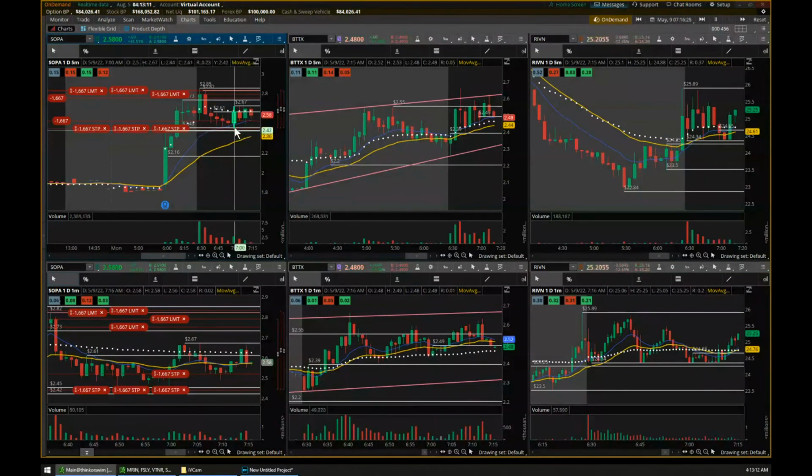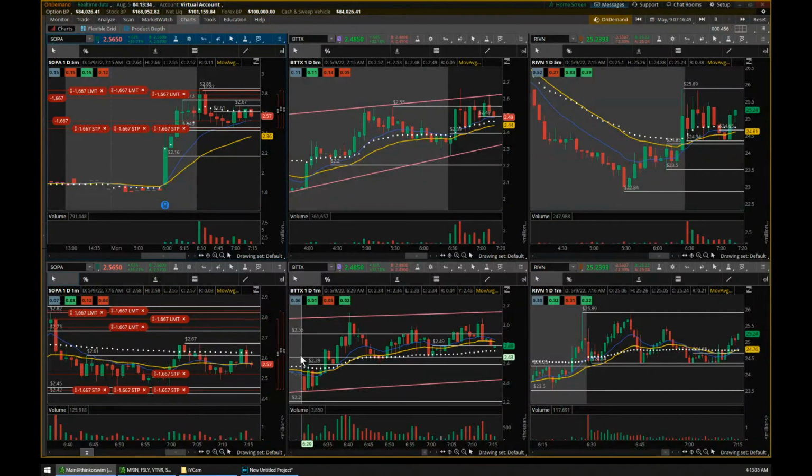But you see how the EMA is kind of holding support on the way up? Got a nice triple top here now.